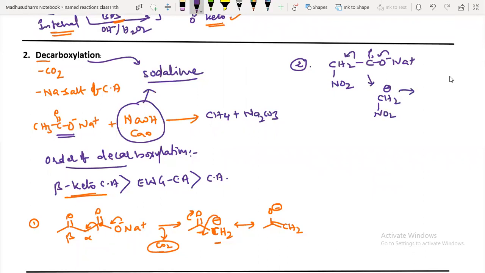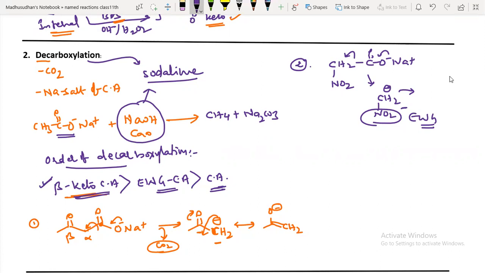This carbanion is stabilized by the electron withdrawing group. So the upcoming product is stable here. In the third one, this is the regular case, simple carboxylic acids. So what is the order of decarboxylation? This is the order. First beta keto carboxylic acids, then electron withdrawing group containing acids, then normal carboxylic acids.